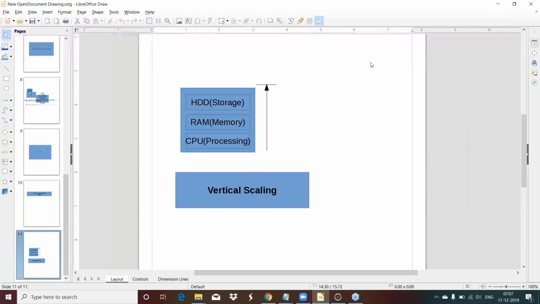Is it visible now? Fine then. I hope I'm loud and clear and my screen is visible.